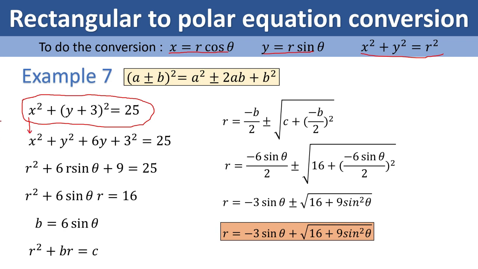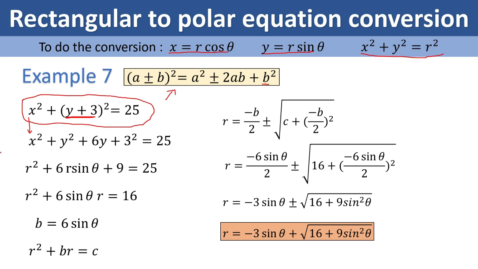Now you expand this binomial, because this is a perfect square: the first term squared, 2 times a and b, 2 times 3 is 6, times y, 6y, and the second term 3 squared, and this is 9.